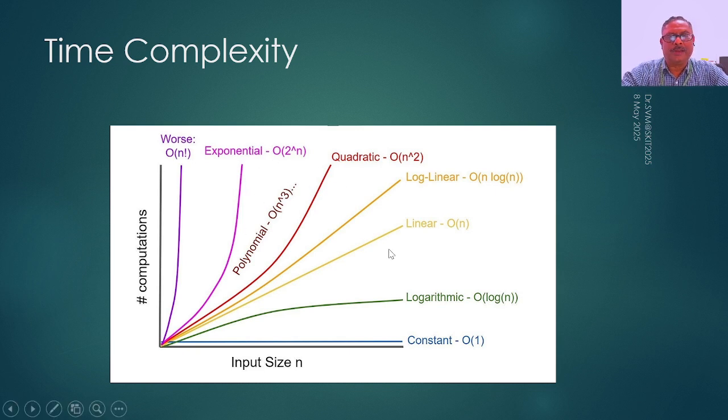So there are many different possible time complexities, and you can just see how they are growing. Linear: as the size n increases, the number of computations increases linearly, and quadratic means as the size increases, the number of computations increases to the square of the numbers, and so on. So that's what complexity is all about.